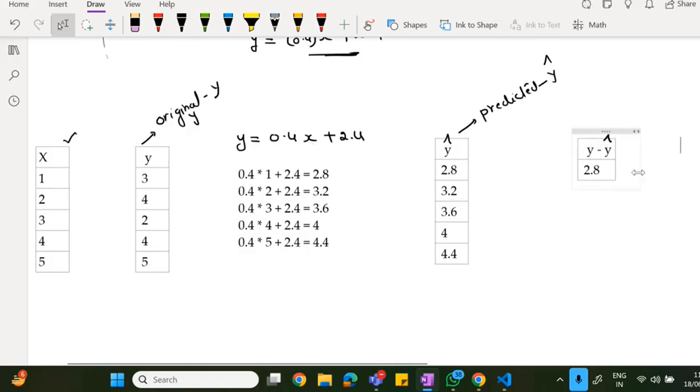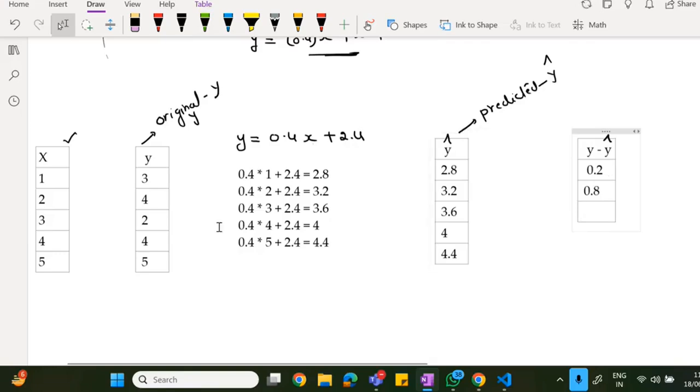Okay. Now let's calculate the error. First, 3 minus 2.8 is 0.2. This is the error we got. Next one, 4 minus 3.2, then we have 0.8.